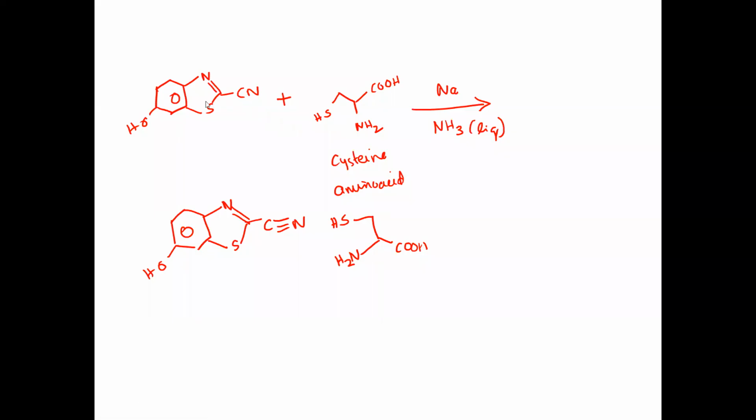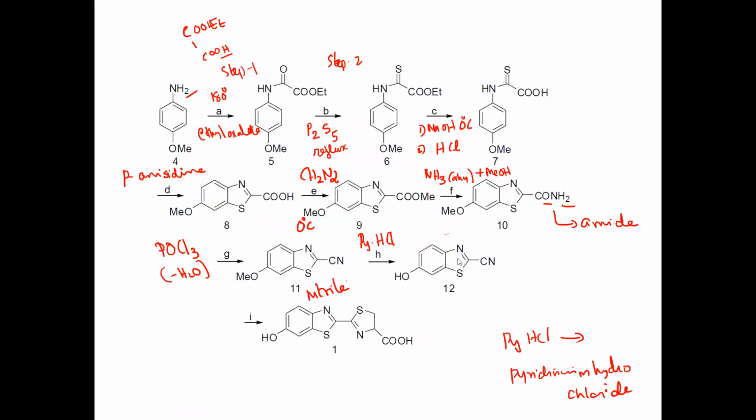Now, we already got this compound. We have to convert this compound to our 5-ply luciferin. We are going to see how we can convert this compound to this compound. It's a very simple process.